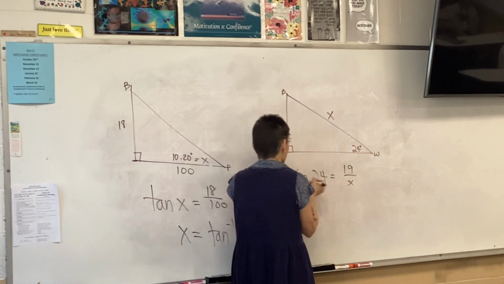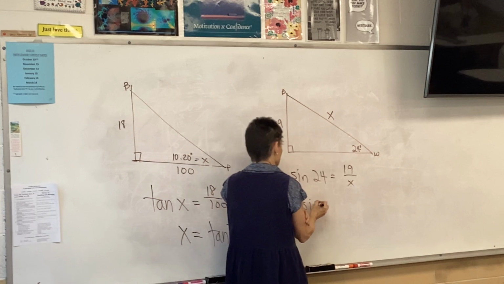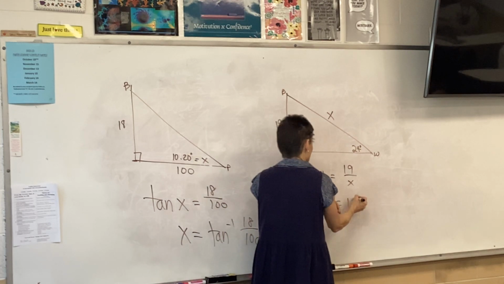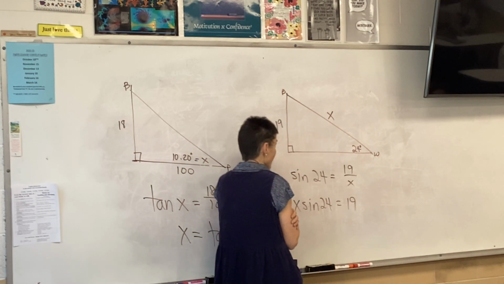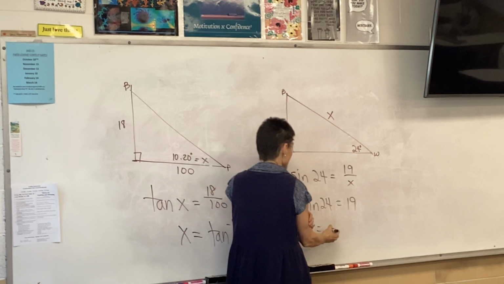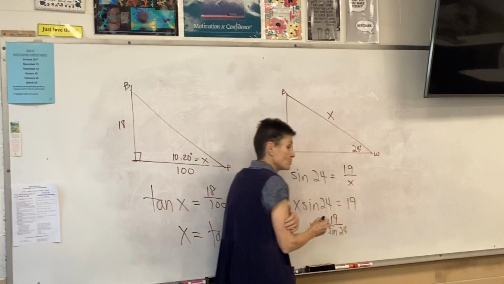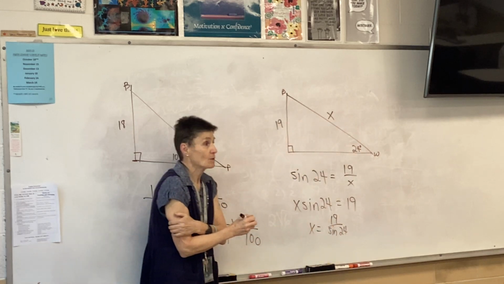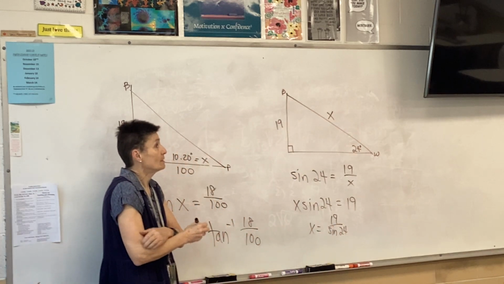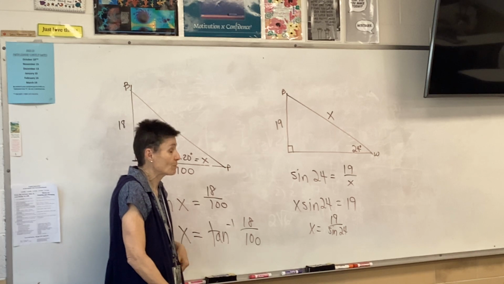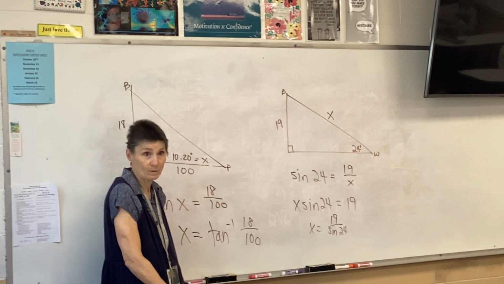So I'm gonna bring the x over here. And then I have to divide by sine 24 because my job is to find x, right? So I need to get x by itself, just like I do in every regular equation in the whole wide world.